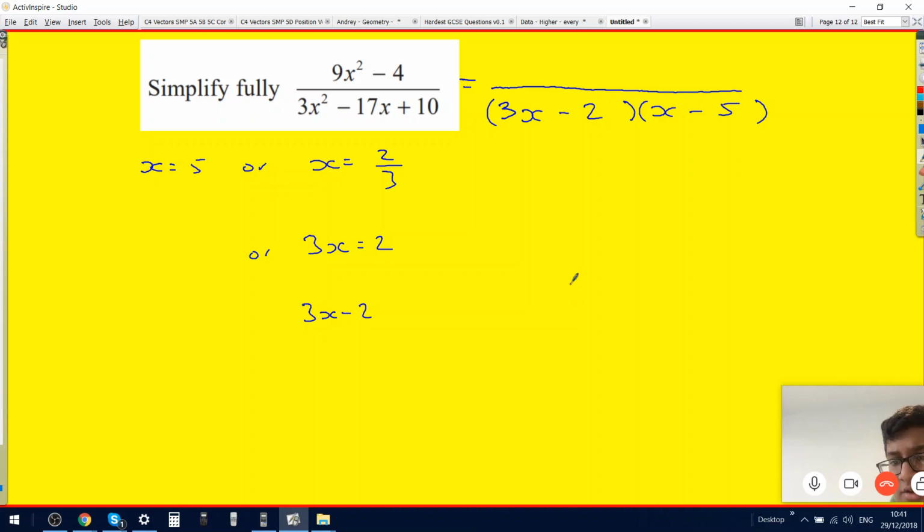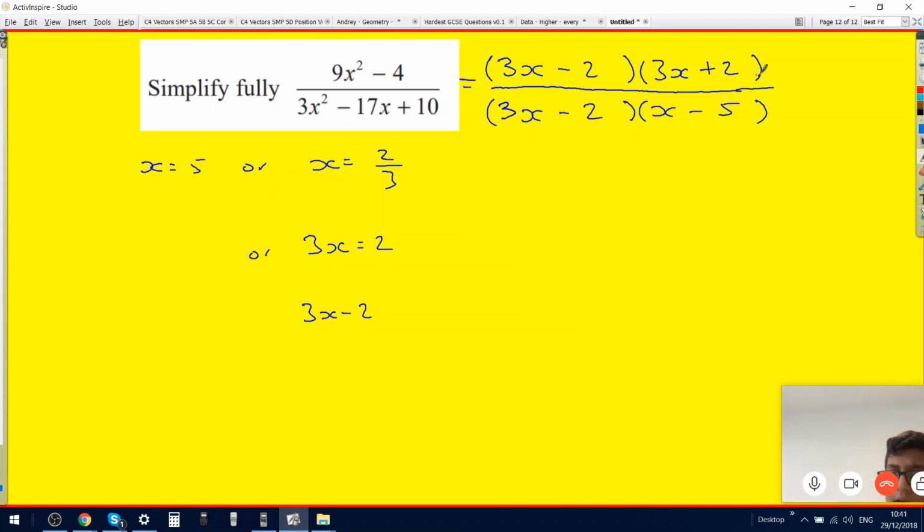And we know that on the top, the same. So we've got 9x squared minus 4, so x equals 2/3 or minus 2/3. We can only really have 3x and 3x here: 3x plus 2, 3x minus 2.